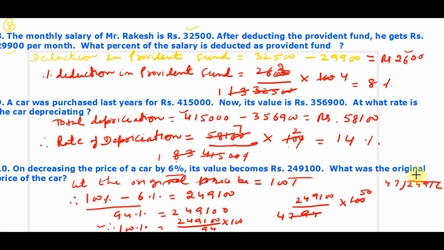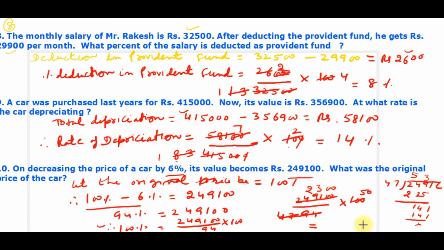So this will go 5 times, 47 5s are 235. So 249 minus 235, 14. 141. So 47 3s are 141.